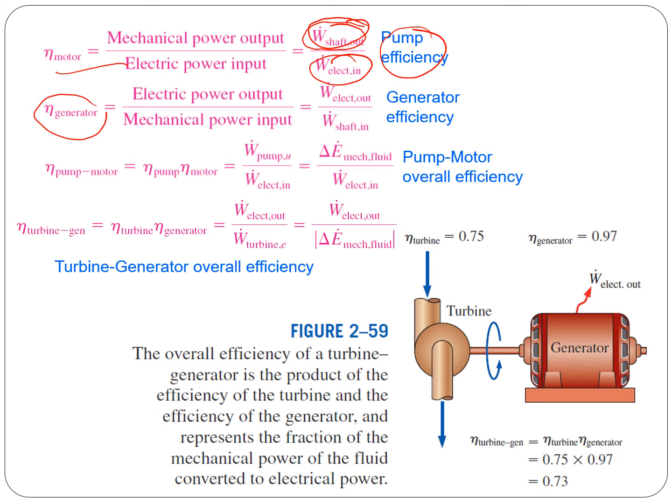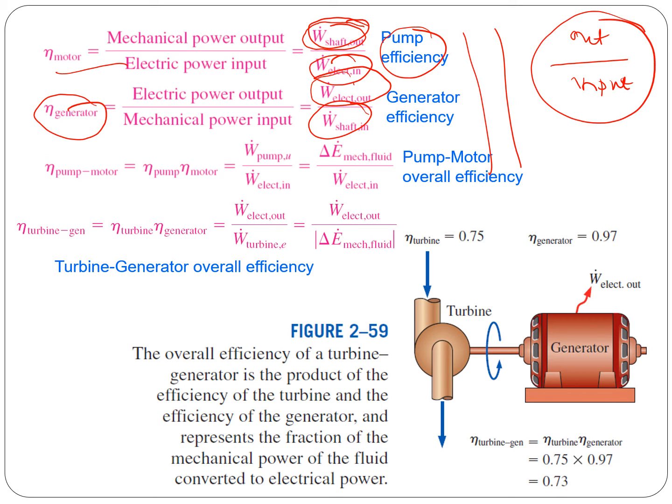For a generator, the output is the electricity output, and then input is shaft input. So the key thing is always how much output divided by how much was the input would always give you the ratio of the energy, which is the efficiency of that particular machine.